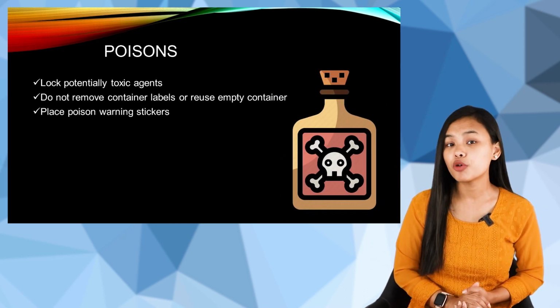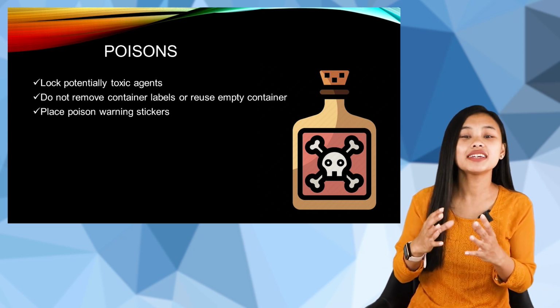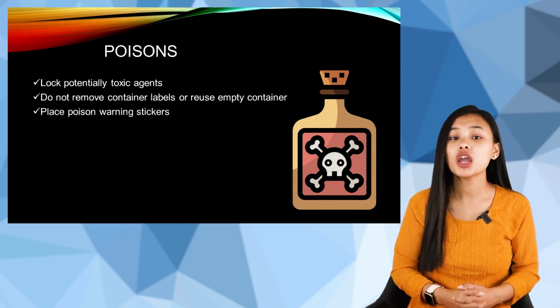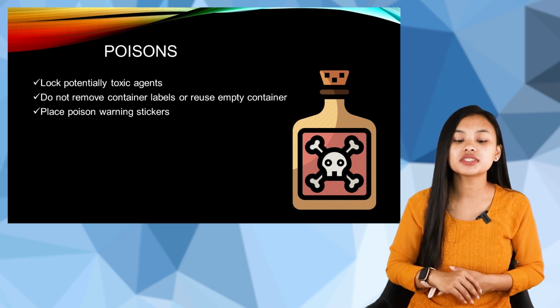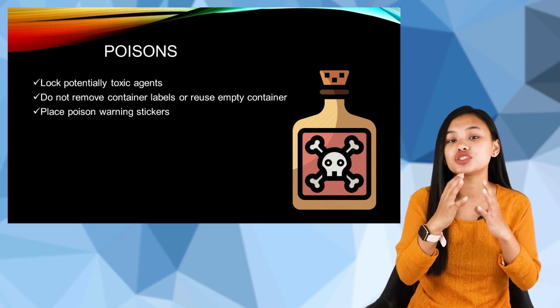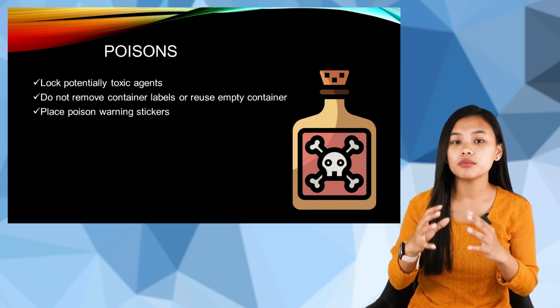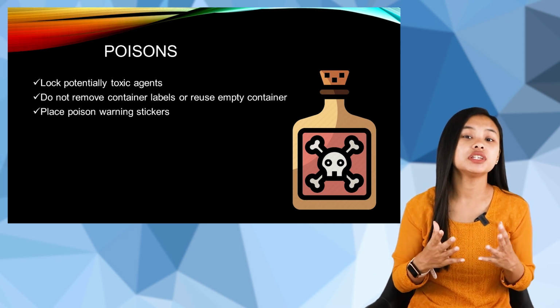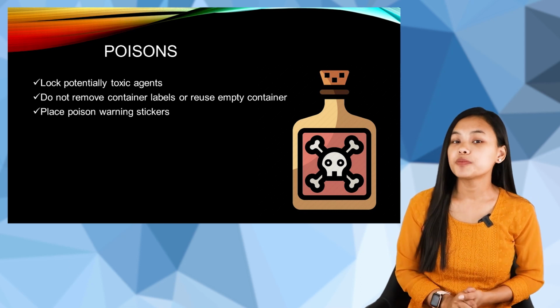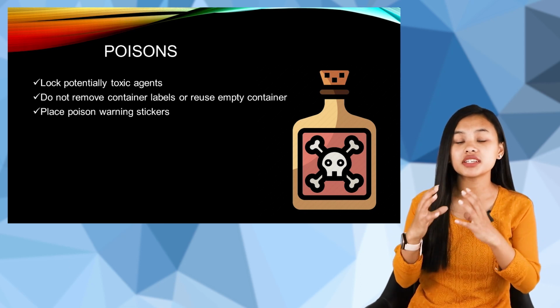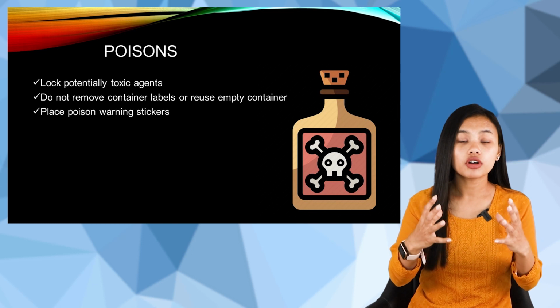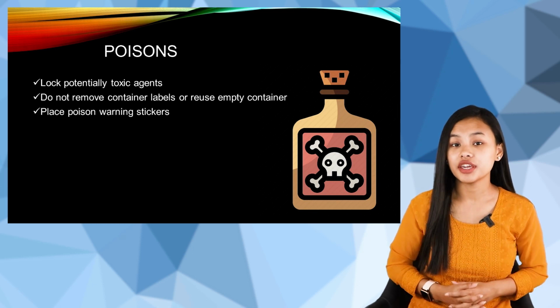And it is also important that when you treat any client with these cases of poisoning, you must lock all the cupboards that consist of the potentially toxic agents. You should also never remove the container labels or reuse any empty container. You should also place the poison warning stickers on these bottles or on these toxic agents.